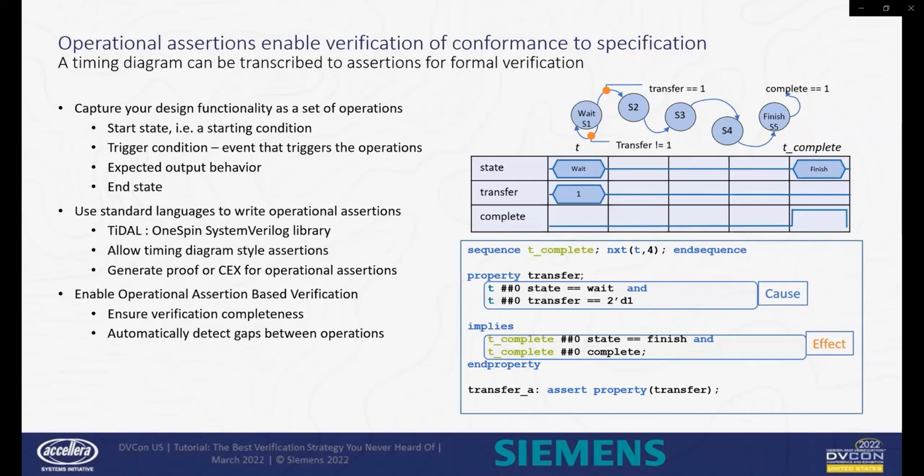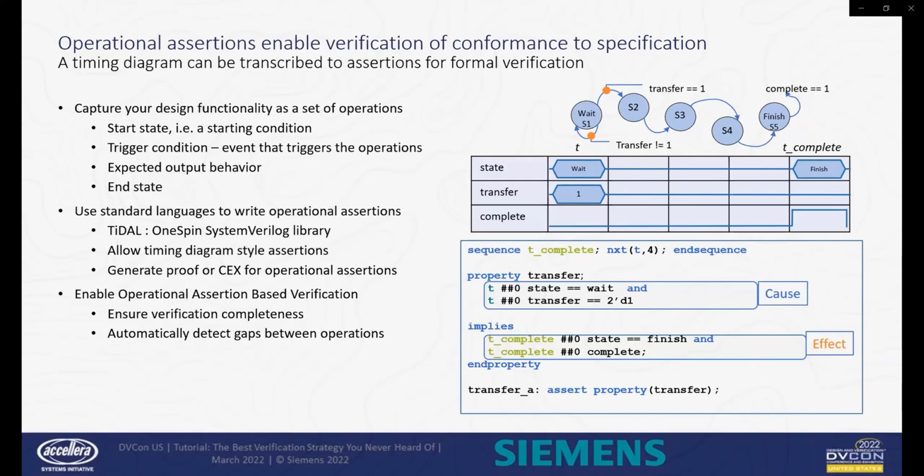In TDAL, we describe the t_complete time point as an SVA sequence t_complete using the next function provided in the library. So t_complete is 4 cycles later than time point t. The operation is then captured as a property transfer. At time point t, we describe the cause as being the state is wait, and the trigger is transfer going high.